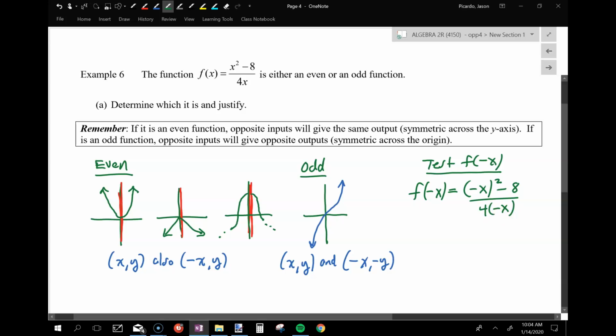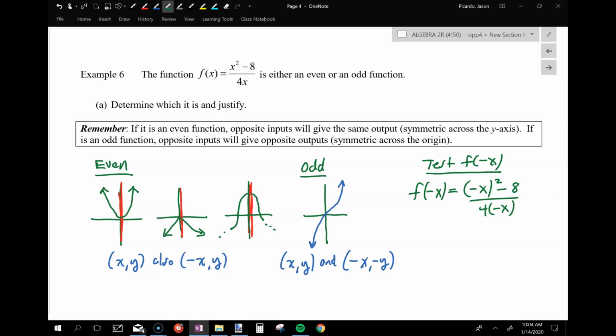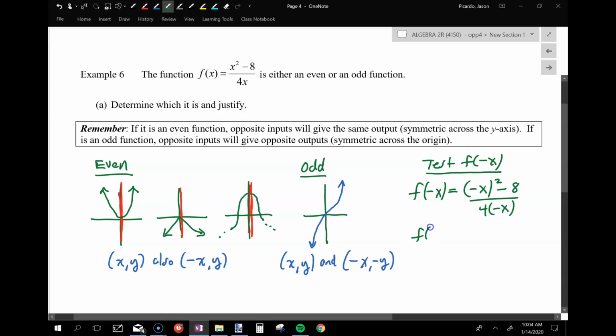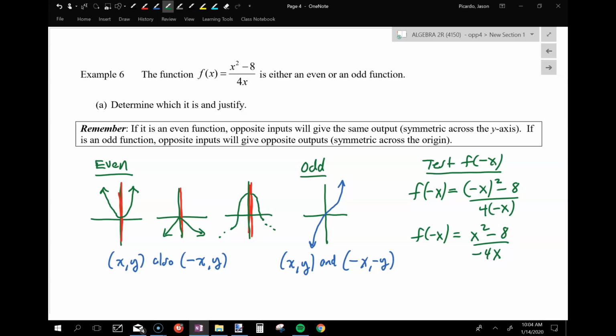Okay, so I get that, right? What's negative x squared? What's negative x times negative x? Two negatives make a positive, right? So isn't this going to be positive x squared minus 8 over negative 4x? Is it exactly the same as what you have up top?